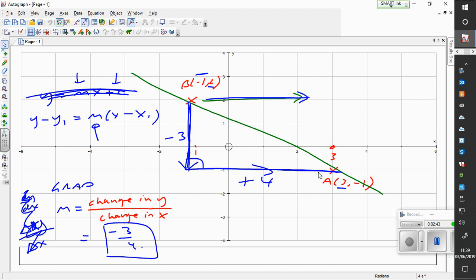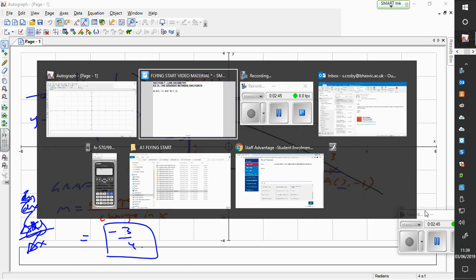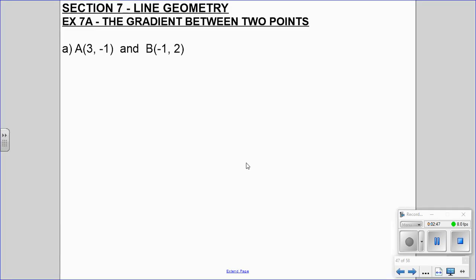But we're not going to draw that out every time. We're going to need a formula. And the formula is m equals change in y, so y2 take y1 over x2 take x1. And all you need to do is decide which is your x1 and which is your y1, okay?